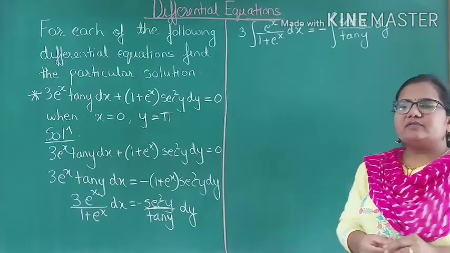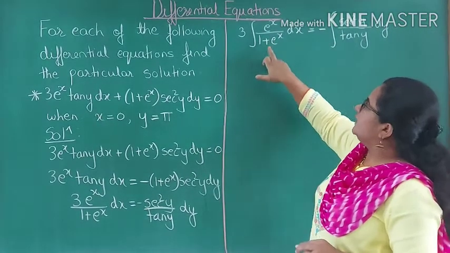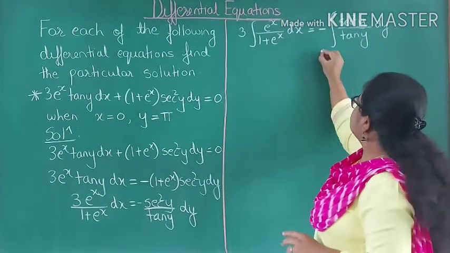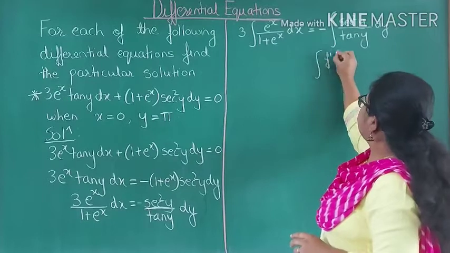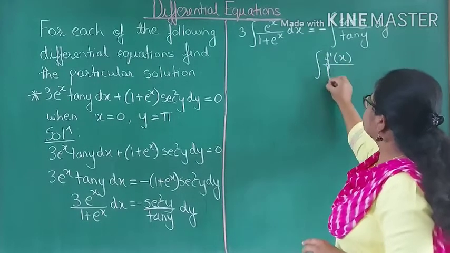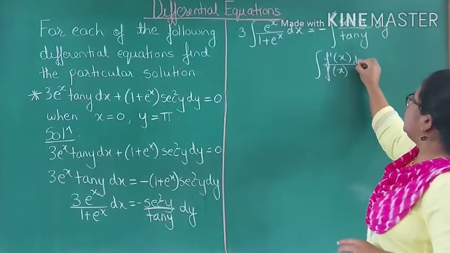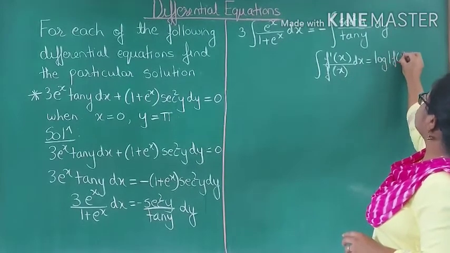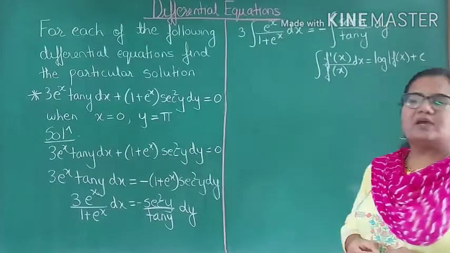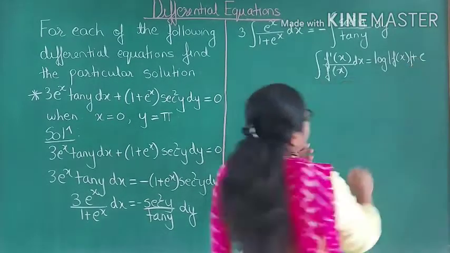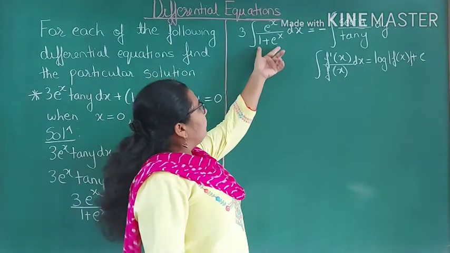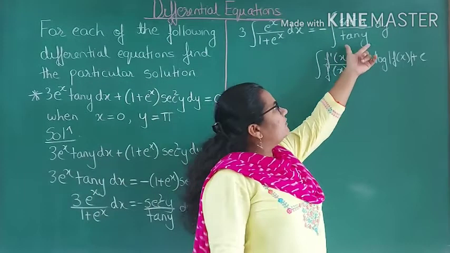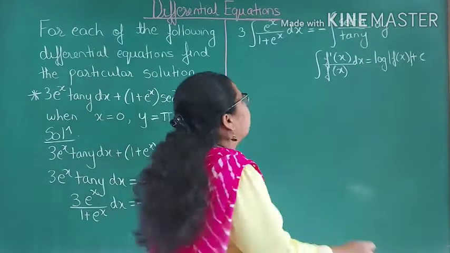So which formula will we use here? We can clearly see the derivative of the denominator is present in the numerator. So we are going to use the formula: integration of f dash of x upon f of x dx is equal to log of f of x plus c. We have studied this. So we are going to use this formula here. We can see the derivative of 1 plus e raised to x is e raised to x and the derivative of tan y is sec square y.